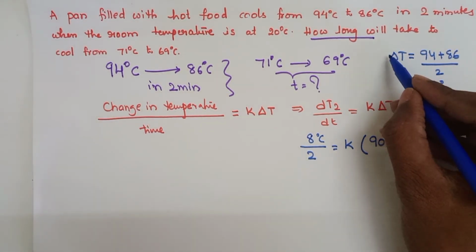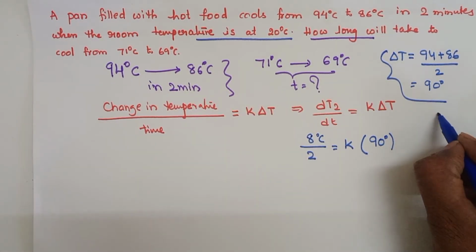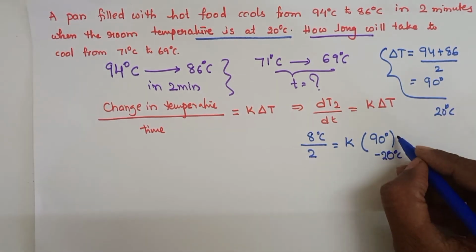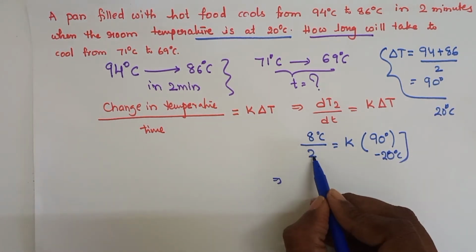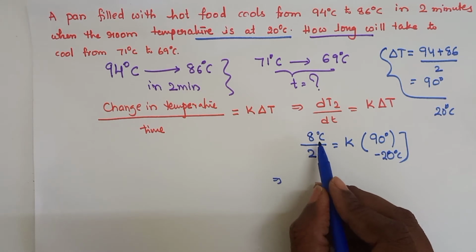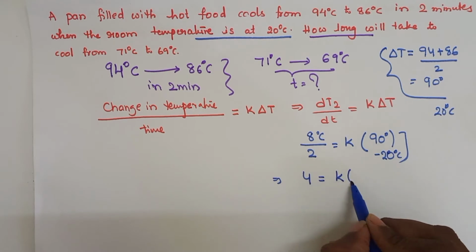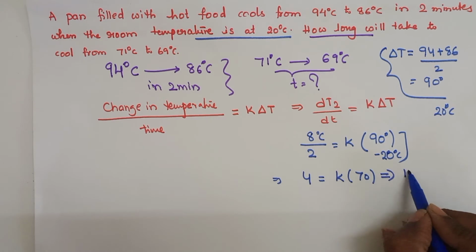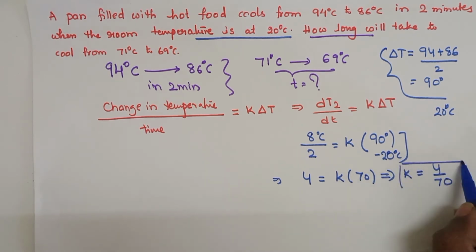But what is the room temperature? 20 degrees centigrade. So the difference is 90 minus 20, which is 70. So you will get 4 into K, which is 70. From this we calculate K equals 4 by 70. That is the constant.